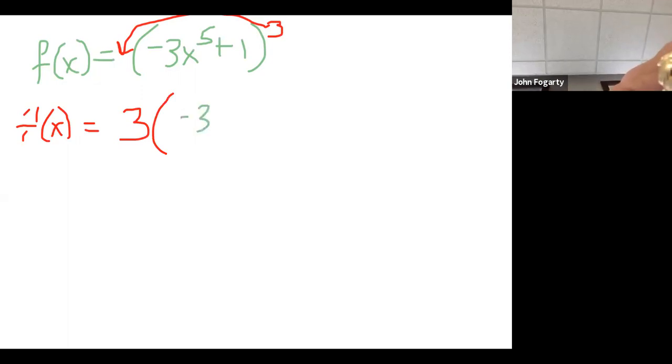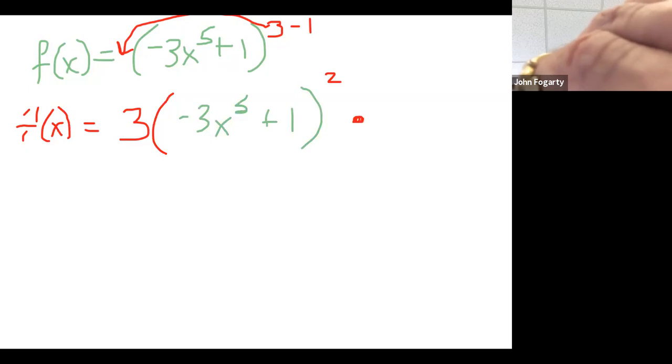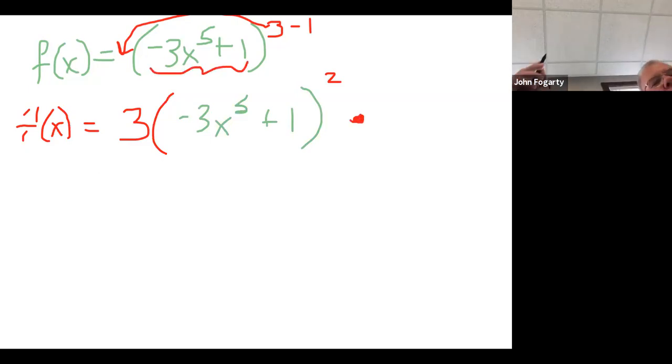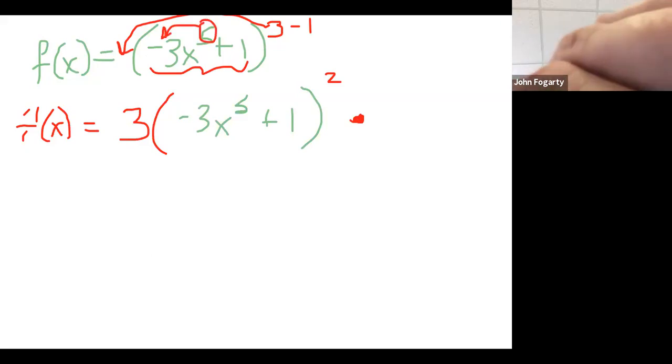Negative 3x to the 5th plus 1, but not raised to the 3rd, but raised to the 2nd. Very good. And to that, we're going to multiply whatever the derivative of the thing inside the parentheses is. Go.